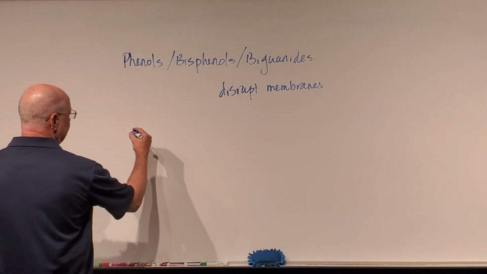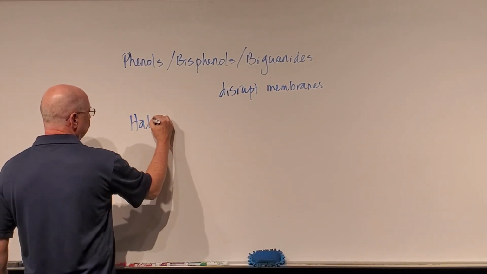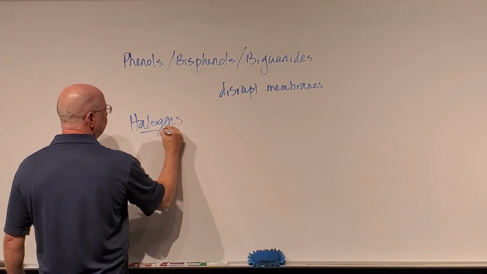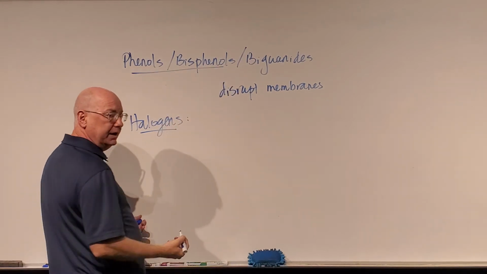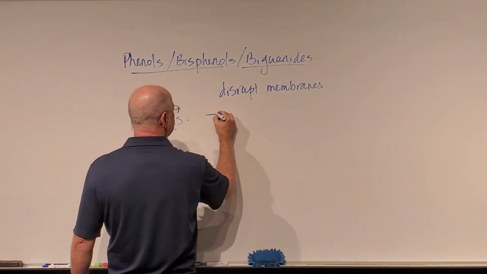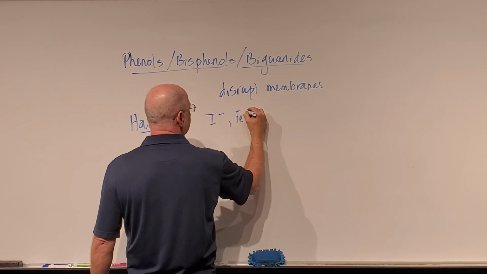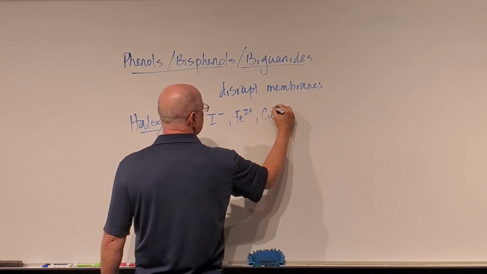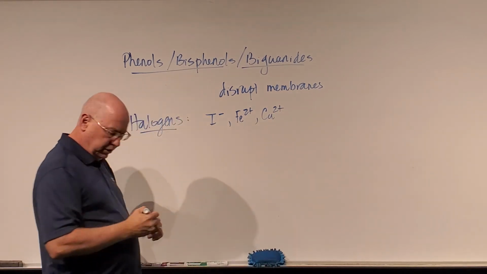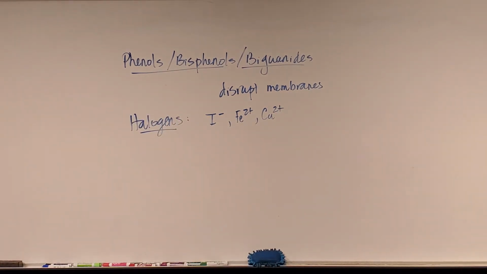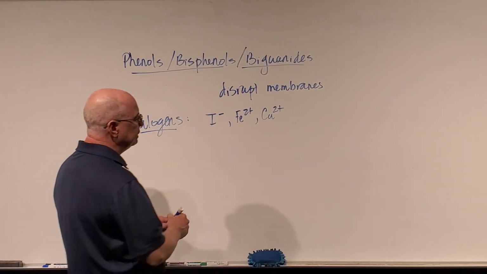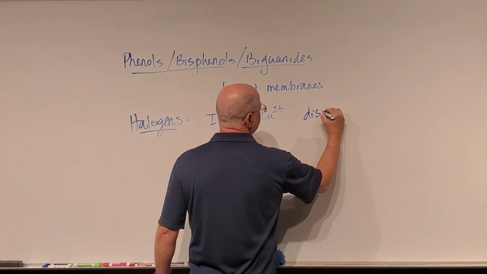We can use things called halogens. If you've taken chemistry, you know what halogens are, the halides. We're talking about things like iodide, iron, copper, some of the halide compounds that can disrupt enzyme function.